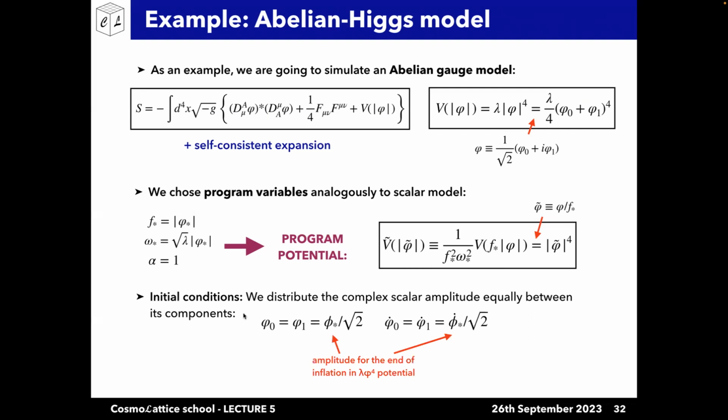In principle, if you give an initial amplitude to the complex scalar, you can distribute this initial amplitude throughout the components. However, what I'm going to do is to give the same initial weight to both components of the complex scalar. But you don't need to do that in principle.